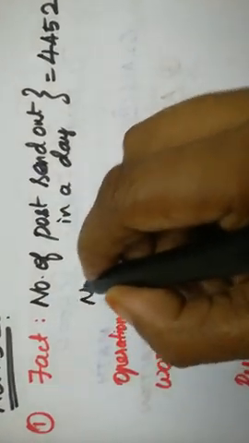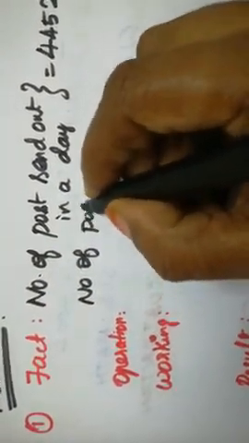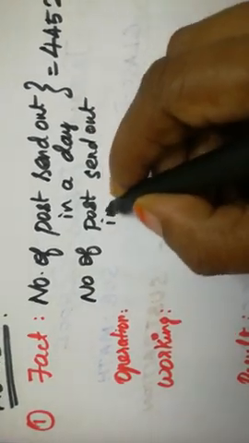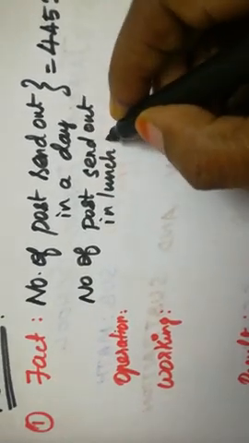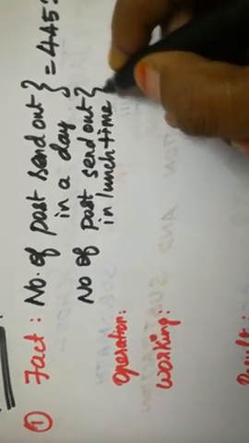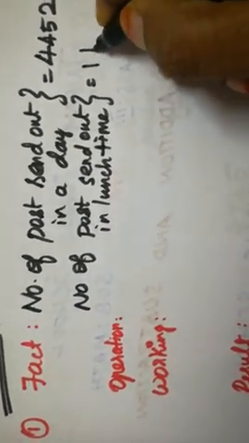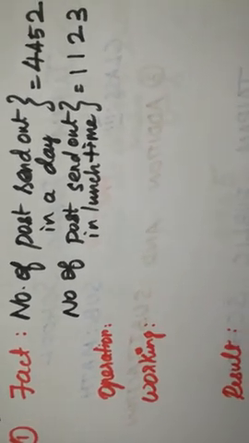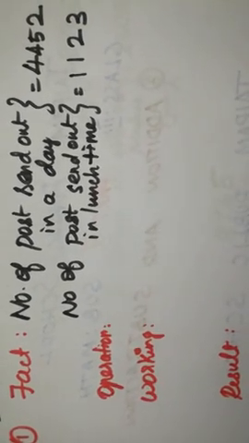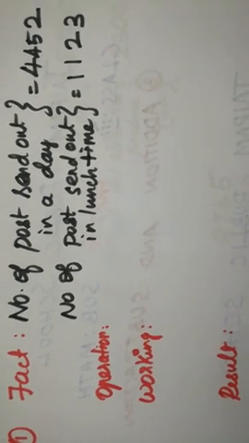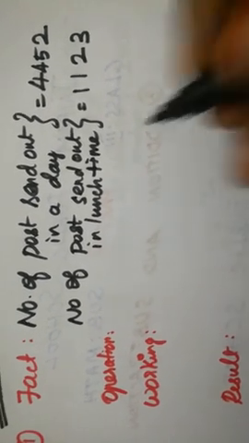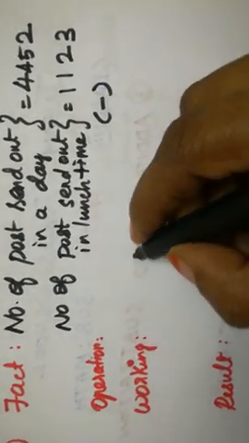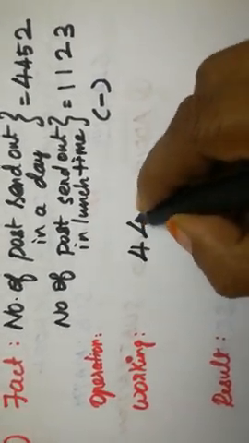Then the number of posts sent out by lunch time, till lunch time they sent 1,123. Then we have to find out how many more need to be sent. For that we have to use subtraction. We have to work out this part.